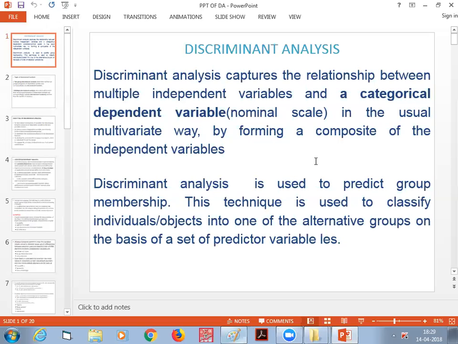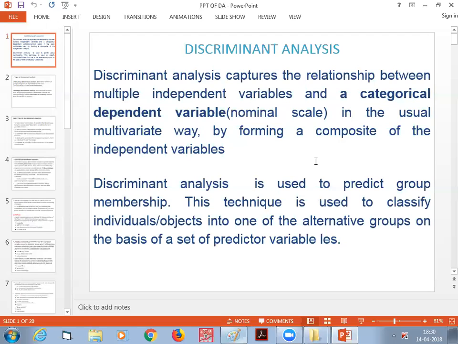So we can classify why people are using the internet. Which of them influences more to classify whether someone is a high user or a low user of the internet? So how do we classify an object, that means a person, as high user or low user? We can use a discriminant model.